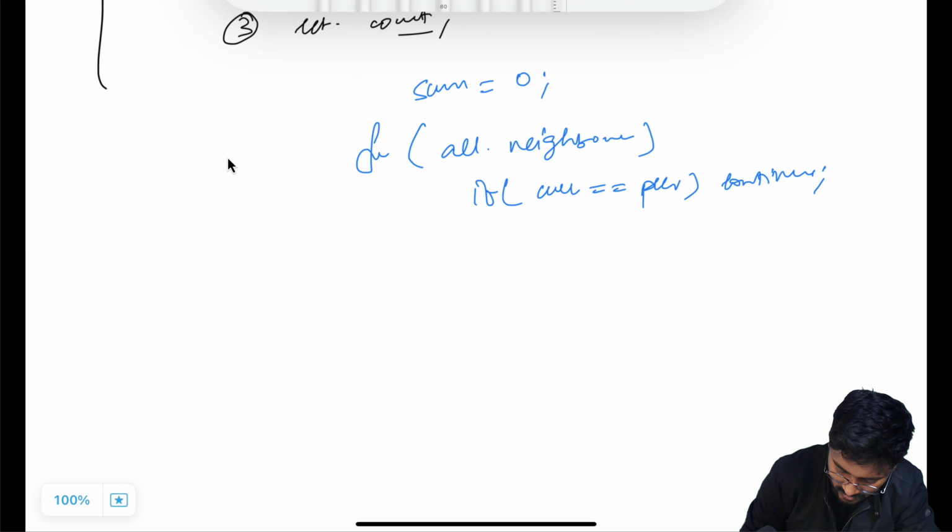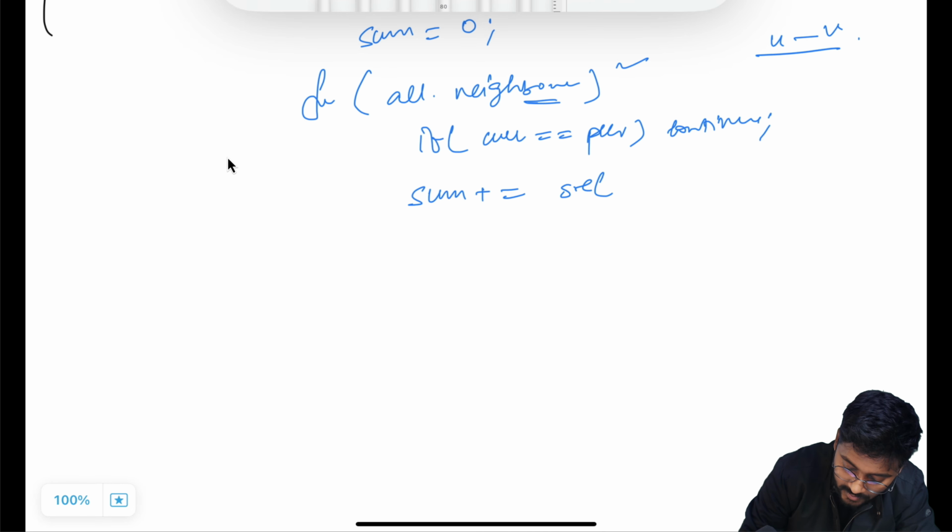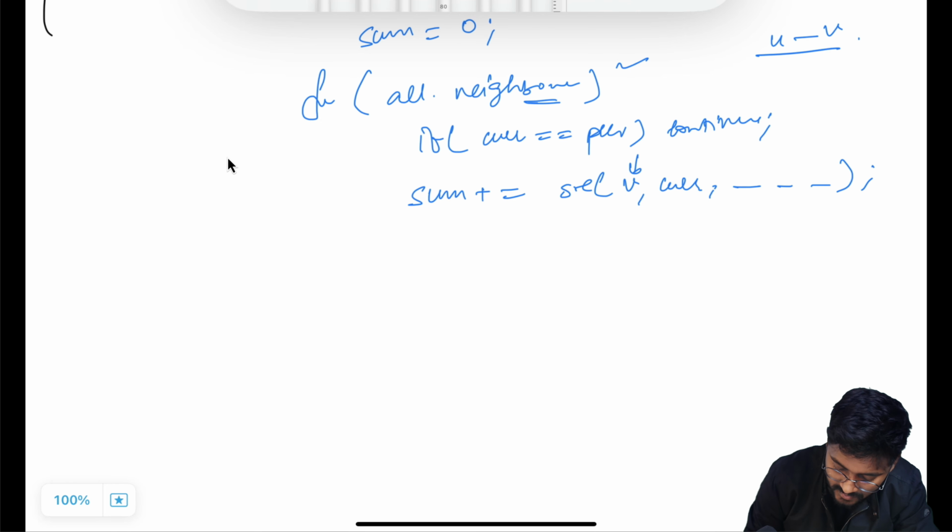Do not do anything. We have to visit all the neighbors, and from every neighbor just calculate the sum. Sum plus equal to the solution function. What is the neighbor? We have an edge from u to v, and multiple v can be there. V is the destination of the edge, or you can say neighbor, and the current is always current, and all the other variables are the same. So this is the sum.